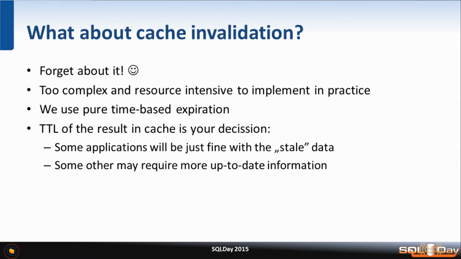You look at the query and decide whether your application can live with stale data. If this data hardly ever changes, you can have a cache expiration in days if you want. But if it changes frequently, it might be single-digit seconds. It depends on the workload.